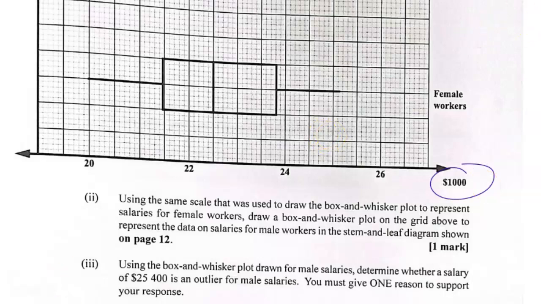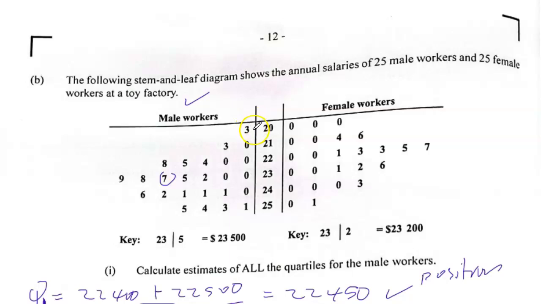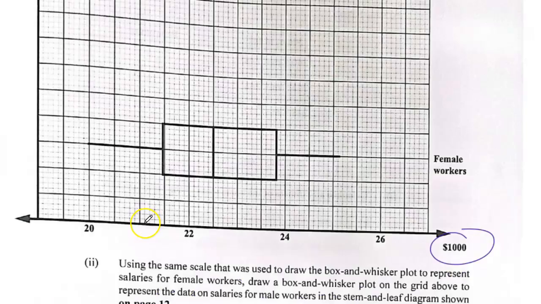So 20,300 divided by 1,000, that's 20.3. We'll plot 20.3 on the graph, and 25.5. The scale: 21 would be here, 23, and 25. Based on the scale here, each thin line would represent 0.1.